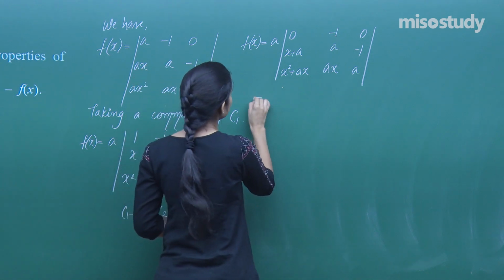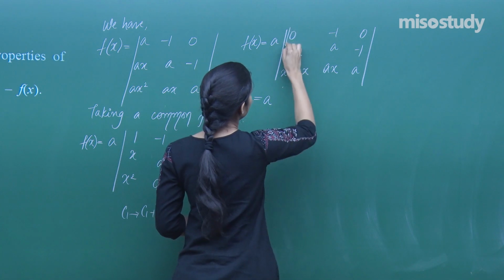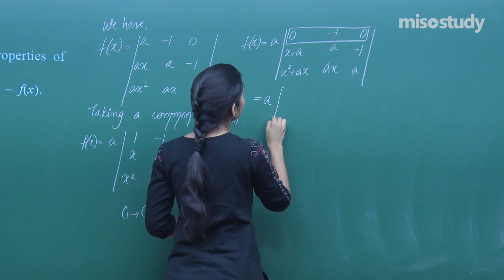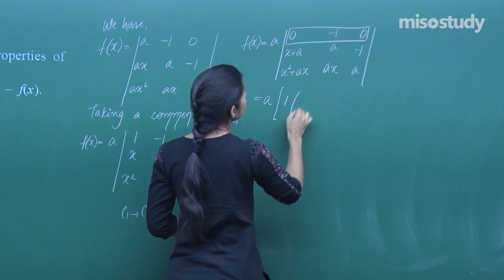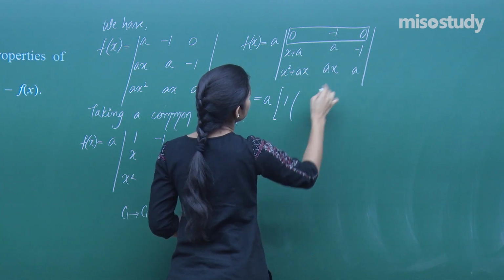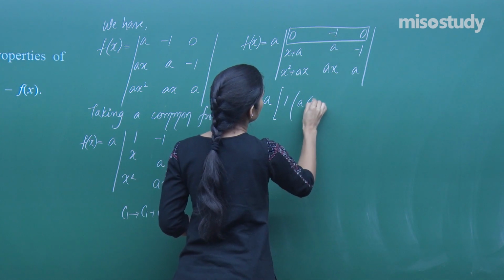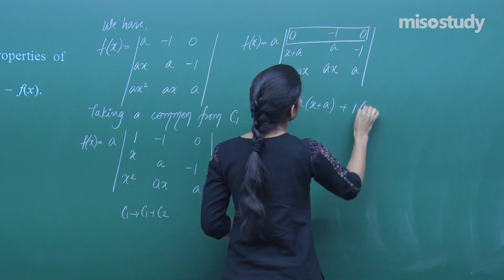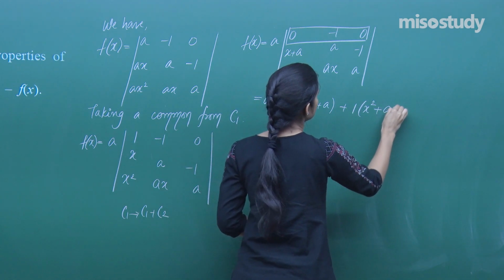Okay, so here if I expand along the first row, a is already there, minus of minus 1 gives me 1, and I have x plus a into a plus 1 into x square plus ax.